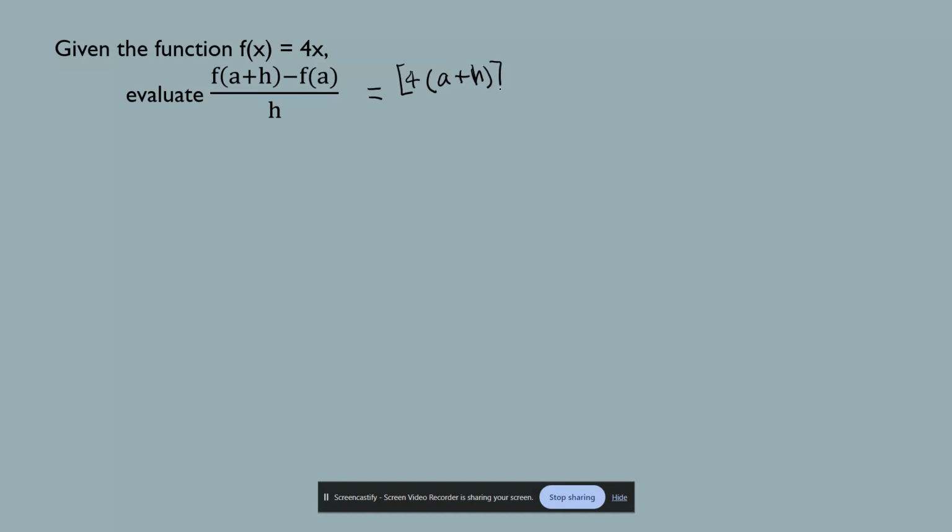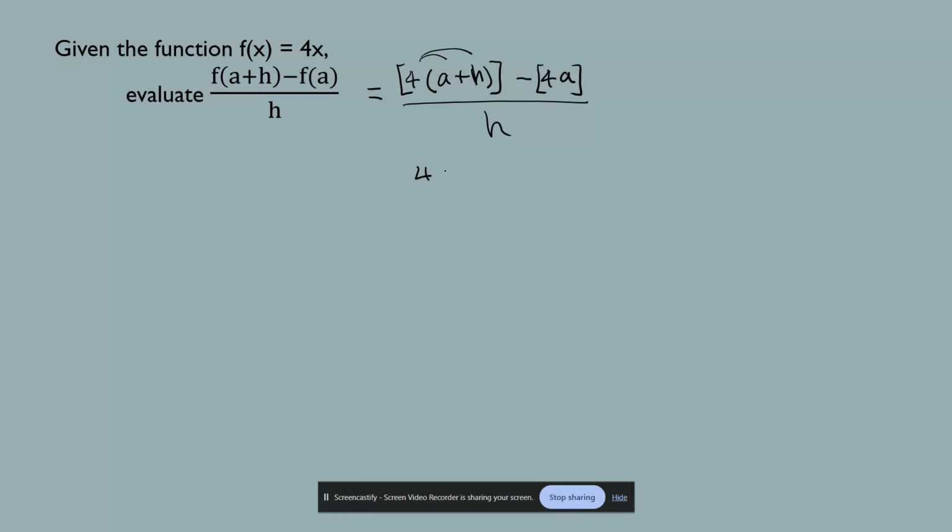So this section right here is telling you what f of a plus h is going to be. Minus f of a, which is going to be 4a. And I'm going to divide all of that by h. Then I'm going to distribute my 4 here.